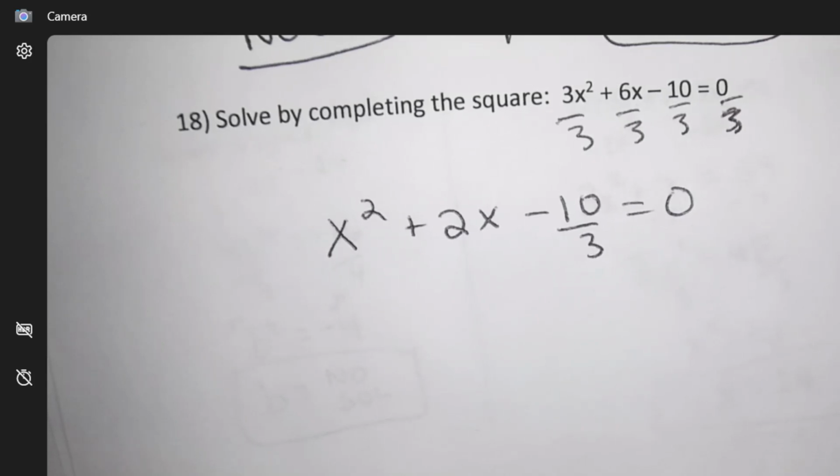Okay, on your test, I have instructions for you to leave as a fraction. So practice this.